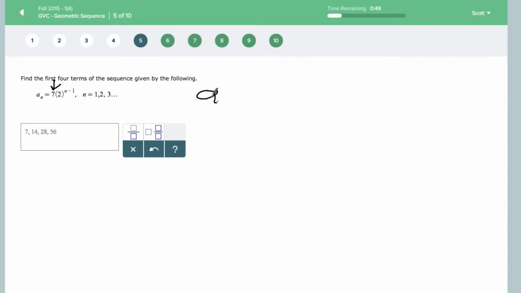If you remember, it's a sub n equals a sub 1. Okay, that a sub 1 means first term, parentheses, ratio, parentheses, and then n minus 1. Okay, so the ratio and the a sub n minus 1, or the a sub 1.